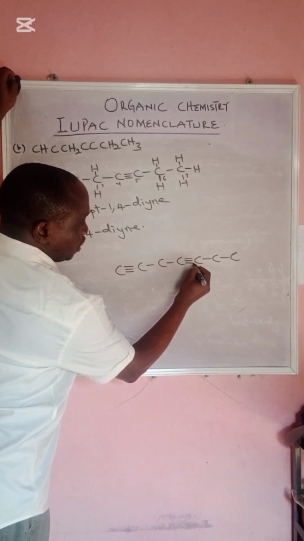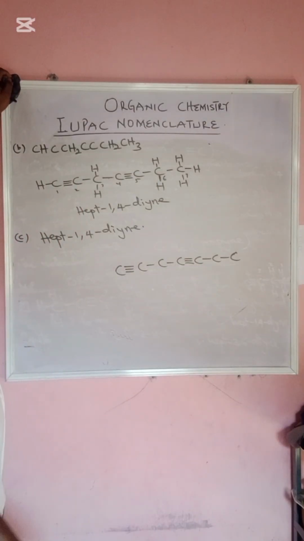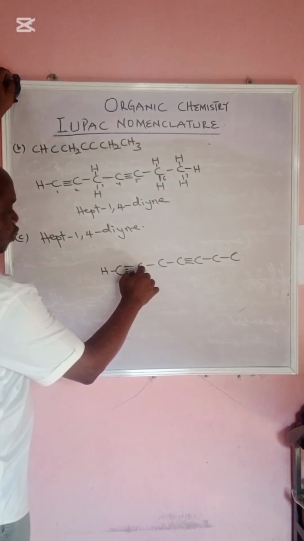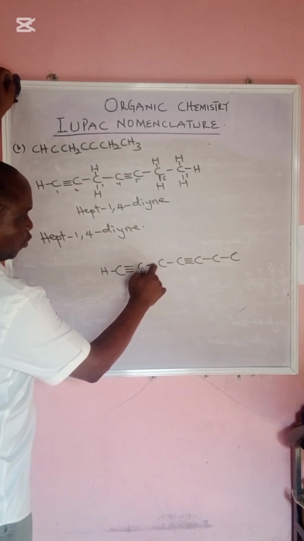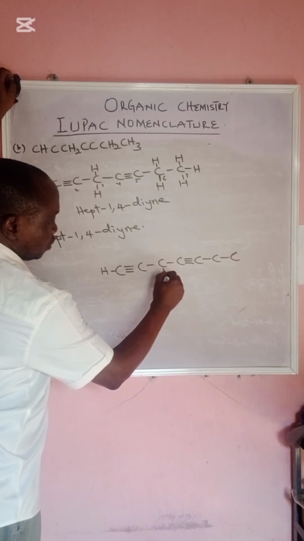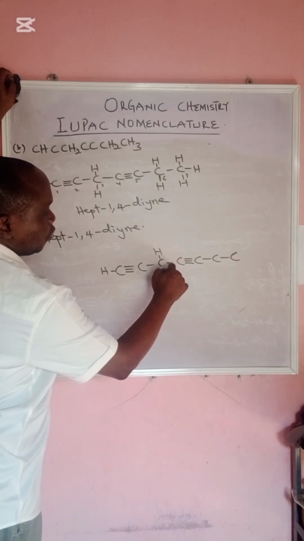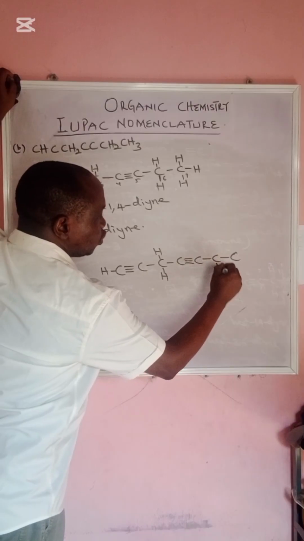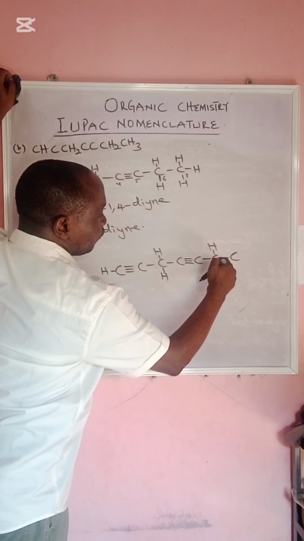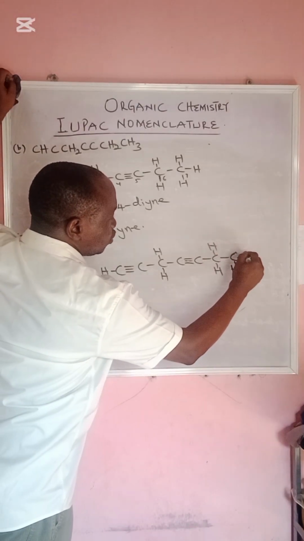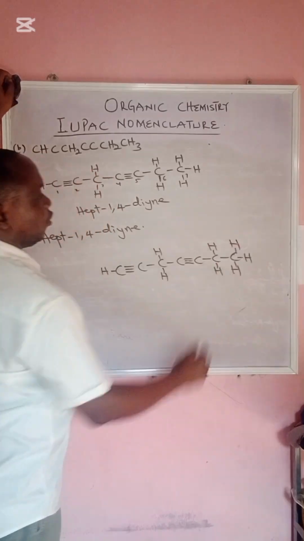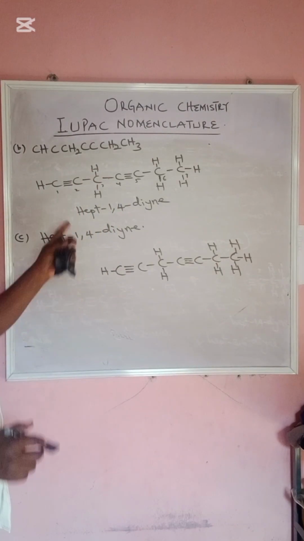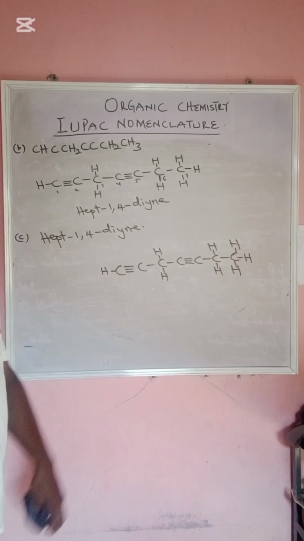Then complete your hydrogen so each carbon has 4 bonds. So you may be given the molecular formula to draw the structure, or you may be given the name to draw the structure. Please always take note of that.